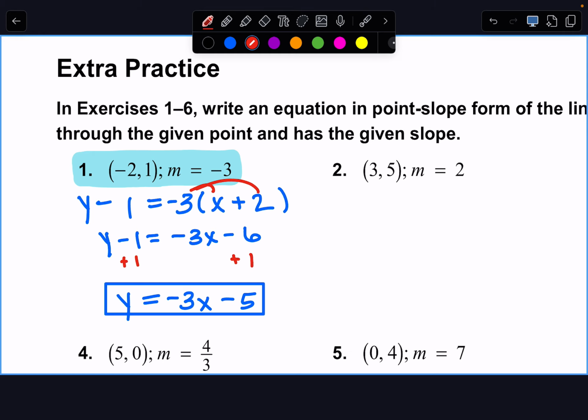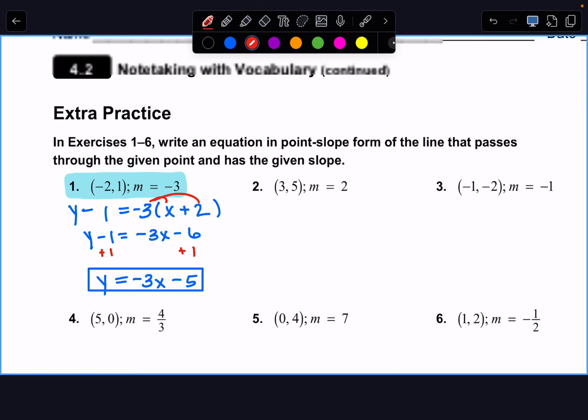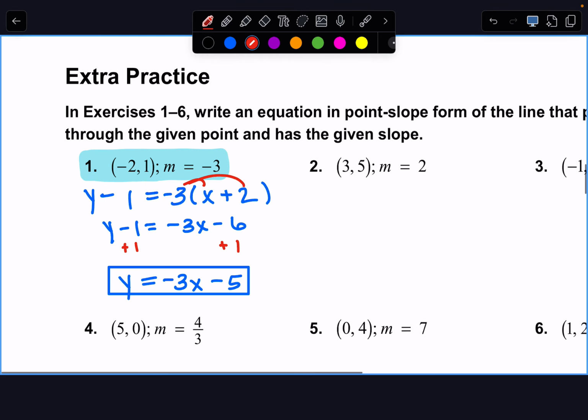The question did say write an equation in point slope form. And Mrs. Holman was thinking, I want you to get it into slope intercept form. But you didn't read my mind. It's okay if you didn't read my mind. I do not expect that.